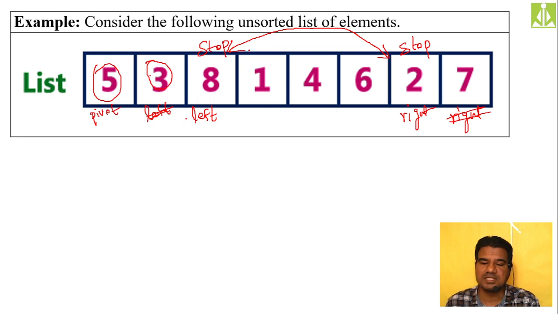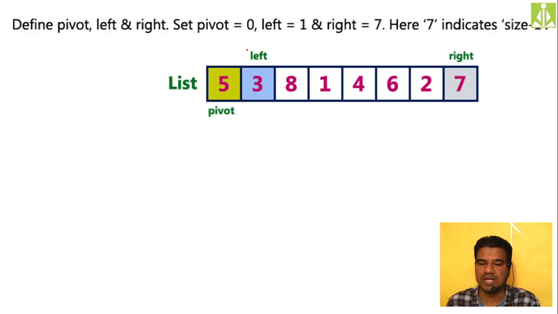We will see this complete operation step by step. Initially we made the first element the pivot, the second element left, and the last element right. Comparing list of left with pivot, list of left is smaller, so increment left.